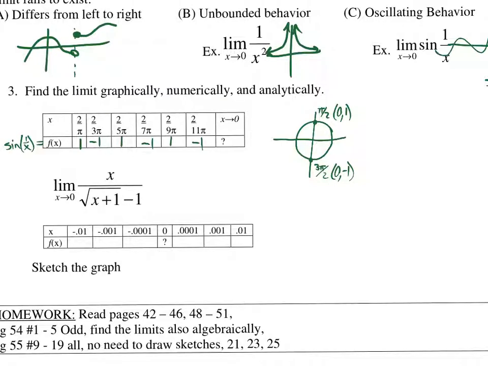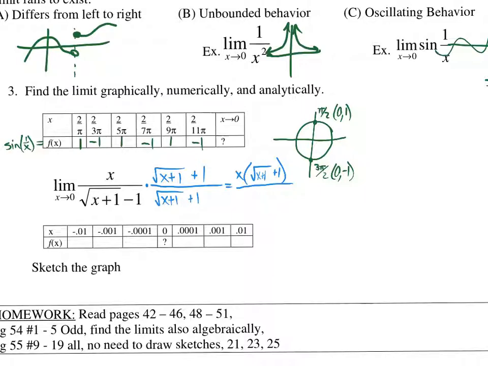How do we rationalize here? Multiply by the conjugate. What's the conjugate in this case? Square root of x plus 1 plus 1. Now, if you multiply the denominator out, this is x times square root of x plus 1 plus 1.